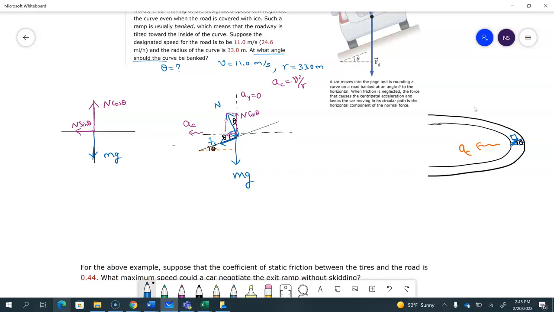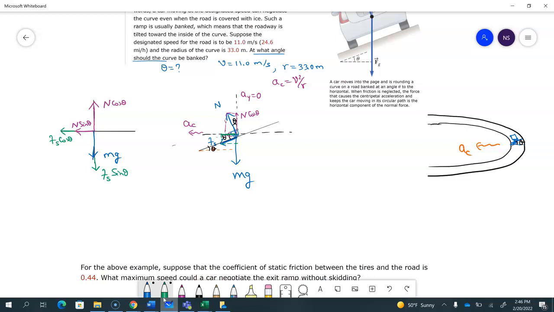And now I just have to break up the friction into its components, Fs cosine theta and Fs sine theta. This is the adjacent side, which would be Fs cosine theta. I'll draw it here. So that's Fs cosine theta, and then the Fs sine theta is downward. I'll draw it here, Fs sine theta, right?